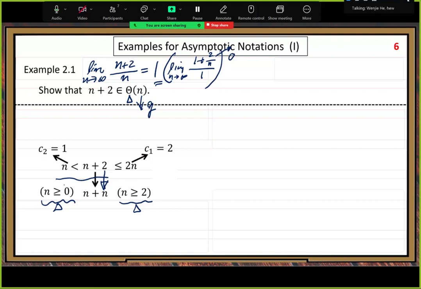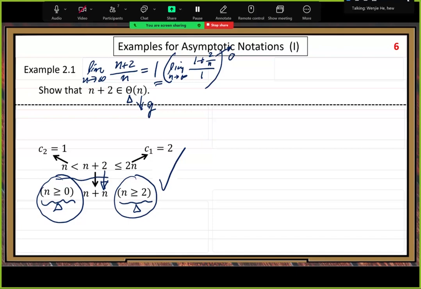N0 should make both ranges true, so n should fall into both intervals. So we select the second one, because if the second one holds, the first one must hold.